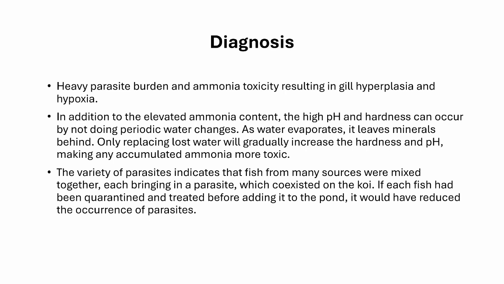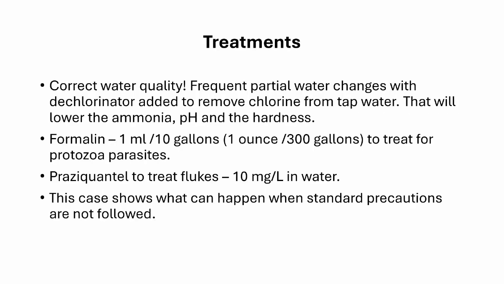So adding ammonia binders and water changes would be very helpful in this case. Correct the water quality, and then use formalin, 1 ounce per 300 gallons, to treat the protozoa, and praziquantel 10 milligrams per liter to treat the flukes, and that's going to take care of all of those parasites and help those fish survive.